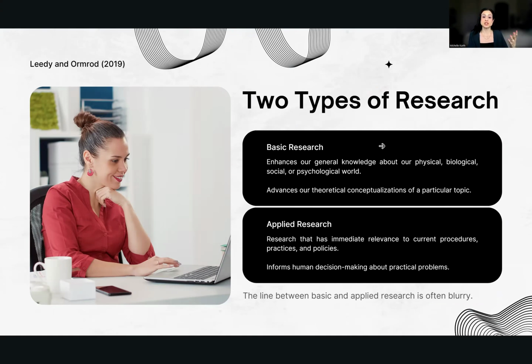Then there's applied research. Applied research is research that has an immediate relevance to current policies, current practices, current procedures. And really, it does inform human decision making about practical problems. This could be like evidence-based treatments, right?